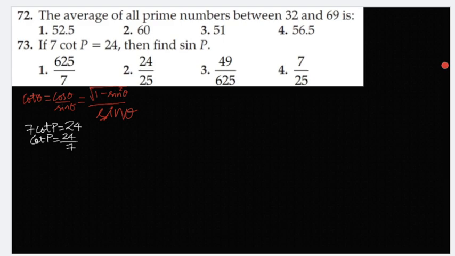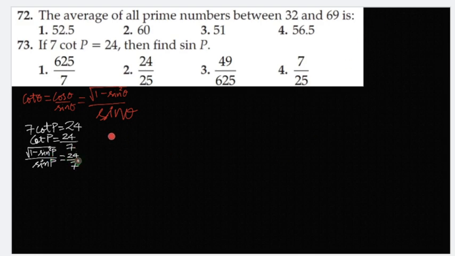Now how can we write this cot P? You already know it is cos theta by sin theta, or we can also write it as root of 1 minus sin square P divided by sin P. So now that will be equal to 24 by 7.